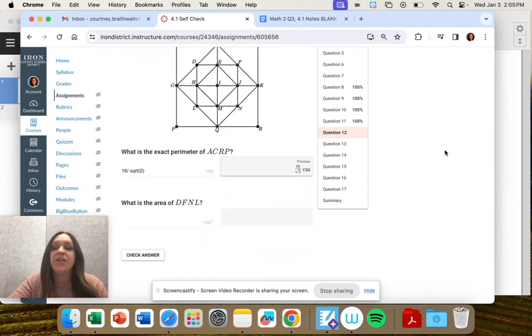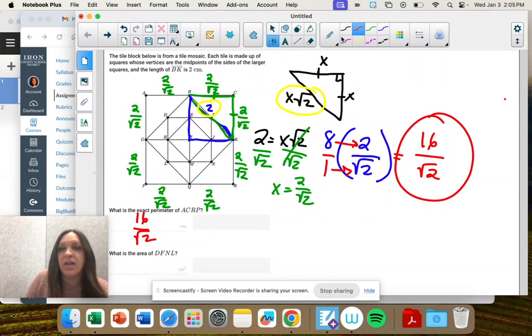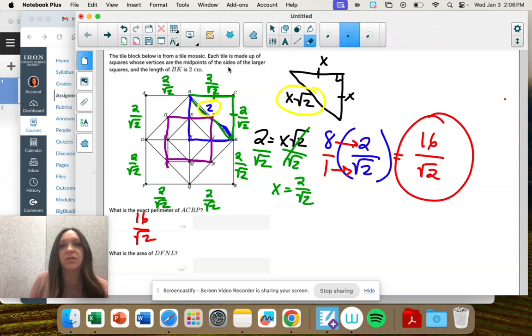Okay, what's the area of D, F, and L? So what's the area of this smaller square? Okay, so we need to figure out these side lengths so we can figure out the area.